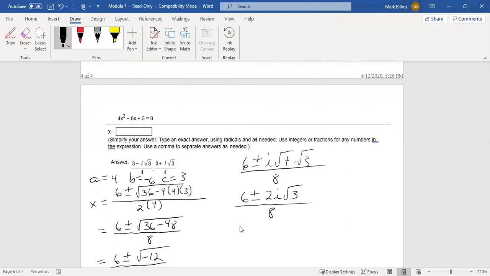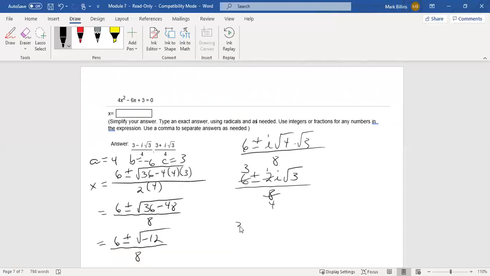And remember, we can reduce if something divides into the 2, the 6, and the 8. Since 2 divides into all of these, we divide each by 2. So our final answer would be 3 plus or minus, you don't have to write the 1 in front of the i, that's understood, so 3 plus or minus i square root of 3 all over 4.